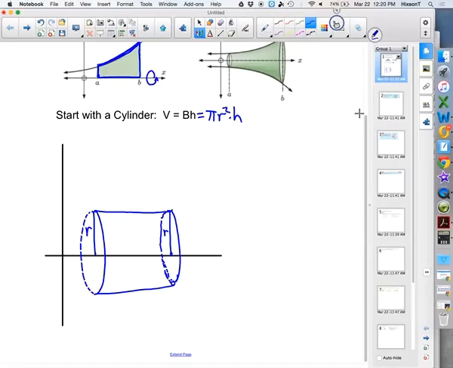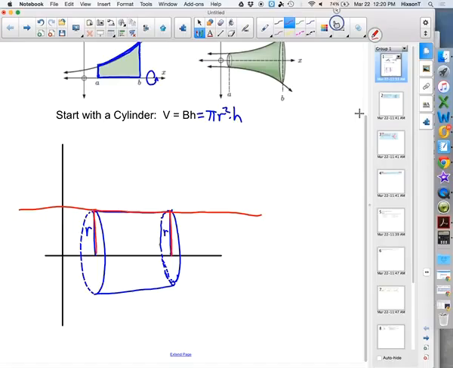We could see this as a solid of revolution if the function we were dealing with was simply a horizontal line. Here's our horizontal line, and the reason it's horizontal is that we don't want the radius of our cylinder to change. We want the radius to stay the same.